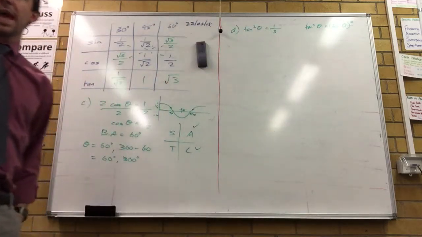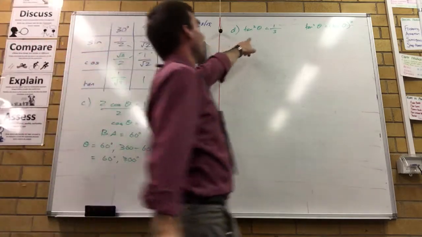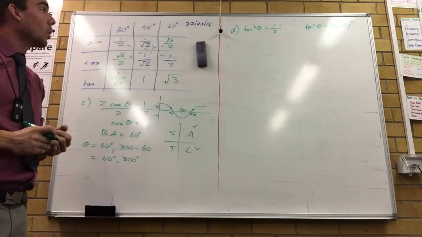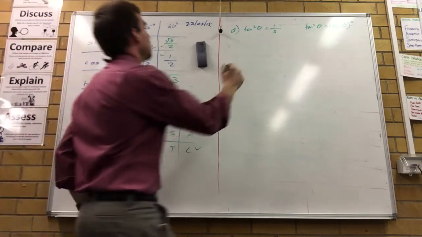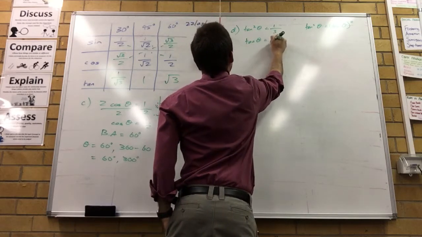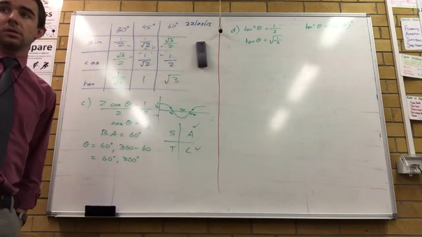So tan of whatever that angle is, and we square the whole result. The notation is we put the square before the theta. So what's my first step? Take the square root of both sides. So tan theta is going to be the square root of 1 over 3. What else do I need to consider?